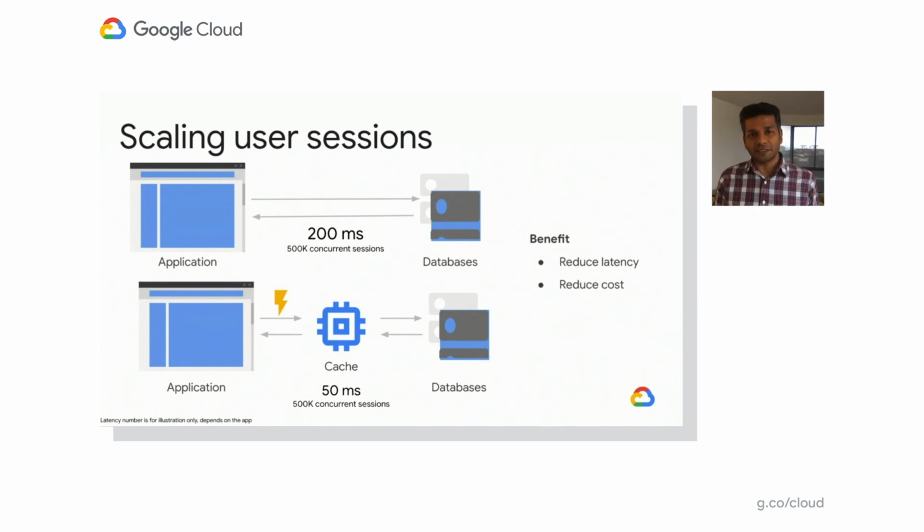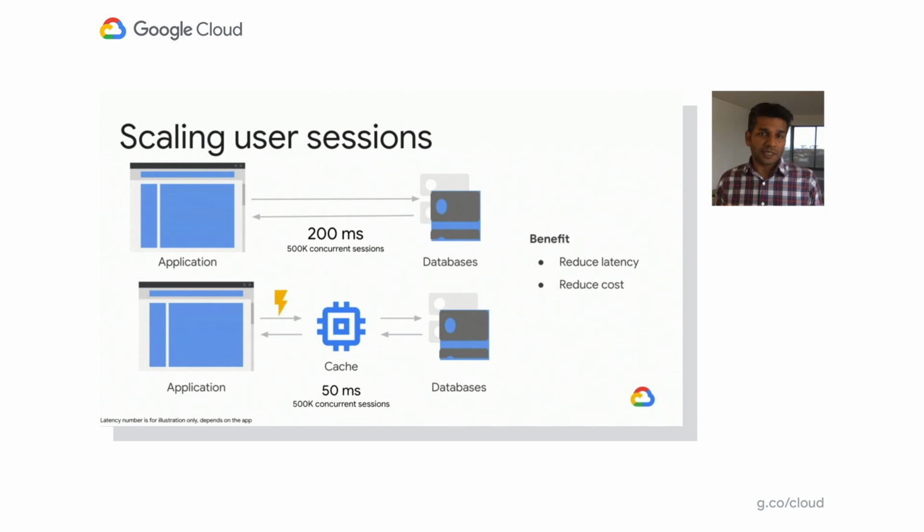But once your application takes off and you get thousands or hundreds of thousands of concurrent connections, you will notice that your backend database, for example, Postgres, is not going to scale. And this is where having an in-memory store in the architecture really helps.